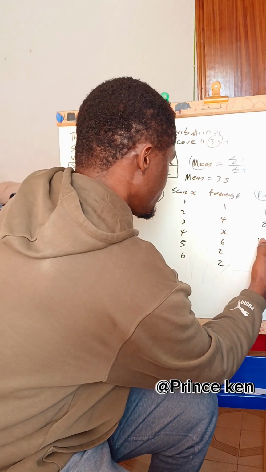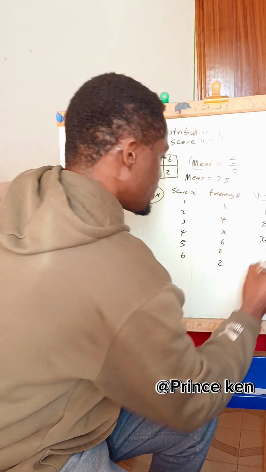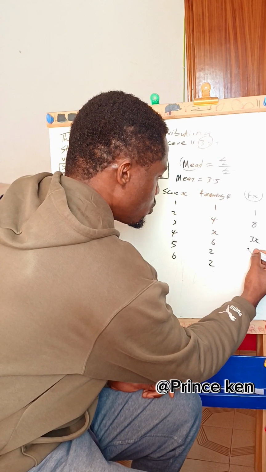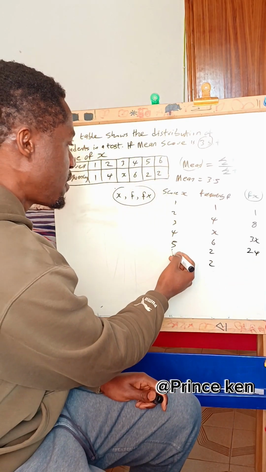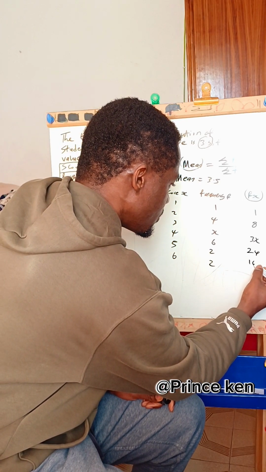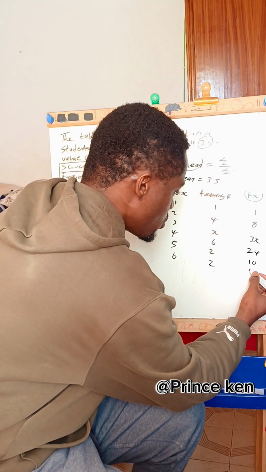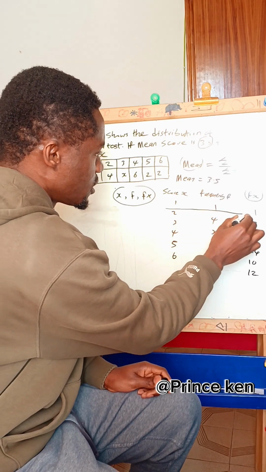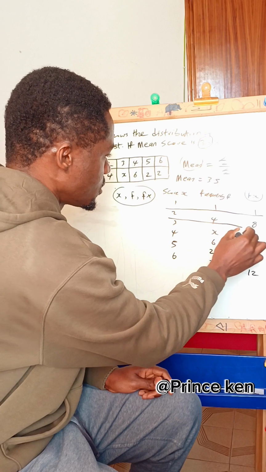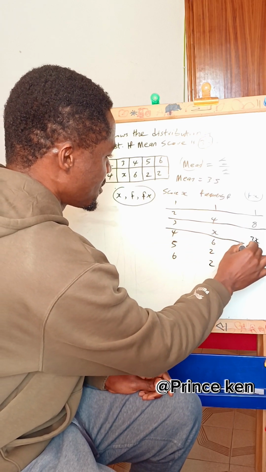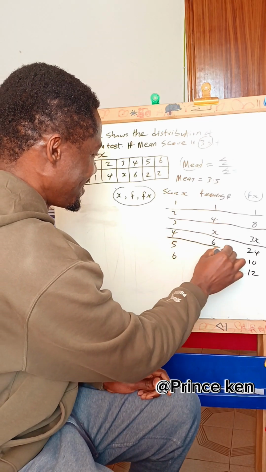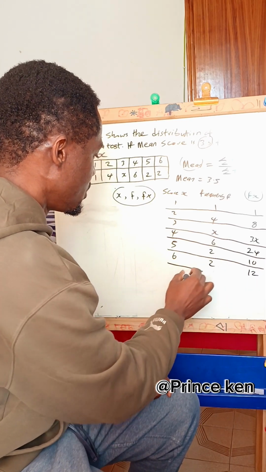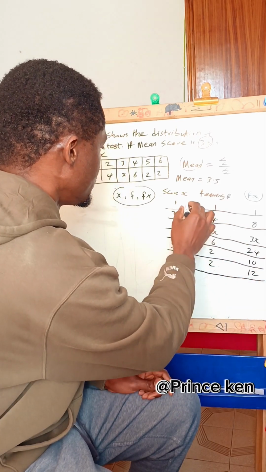Now, 3 times x will give you 3x. 4 times 6 will give you 24. 5 times 2 will give you 10. 6 times 2 will give you 12. Remember to know the lining of this. Sorry, my line is not straight, but I guess you understand what I'm doing here. Okay? This is it.